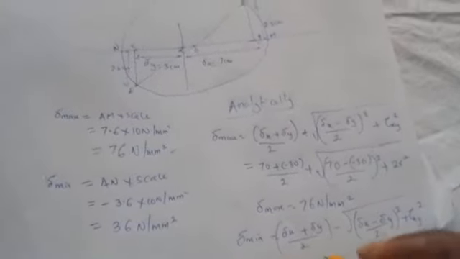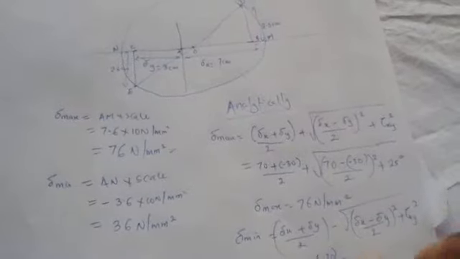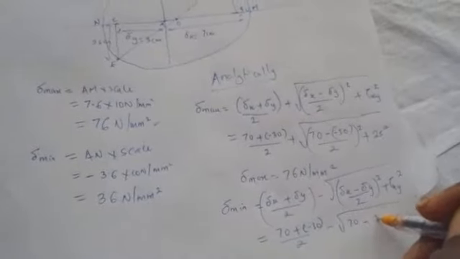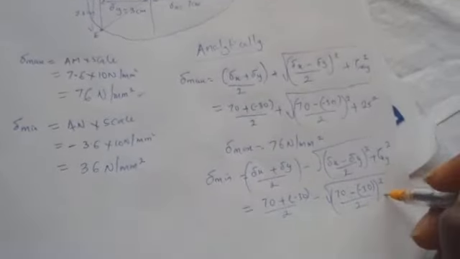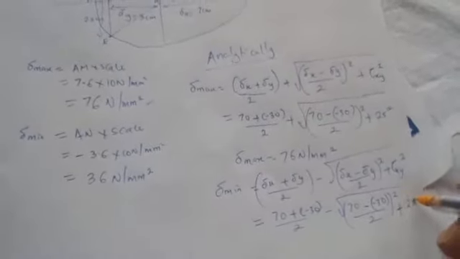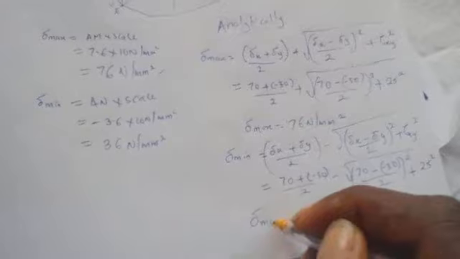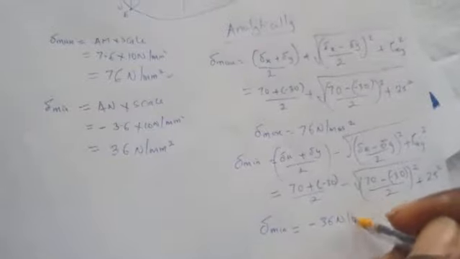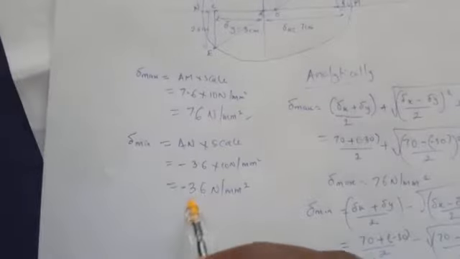Now I have 70 plus negative 30 over 2, minus the square root of (70 minus negative 30 over 2) all squared, plus 25 all squared. By solving this, I arrive at my minimum principal stress equal to negative 36 Newton per millimeter squared, which is what I have here. So this also checks.